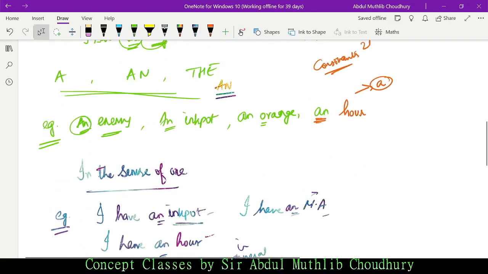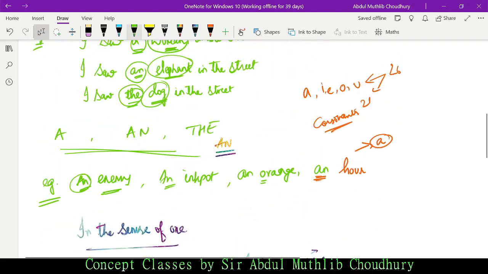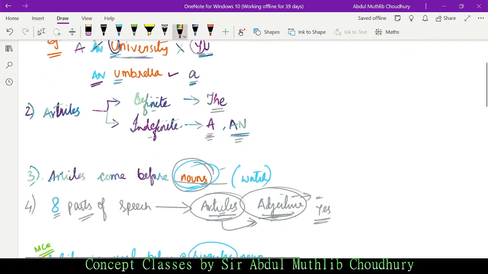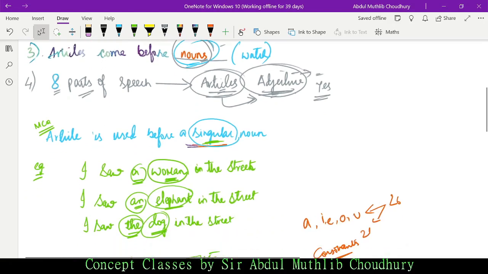Now, what did we do so far? Articles are determined with the help of vowel sounds, not vowel letters. Always remember this. Articles are of two types: definite and indefinite: the, a, an. Articles come before nouns, but what nouns? Singular nouns. How many parts of speech are there?